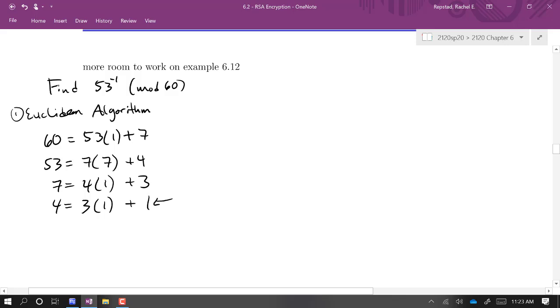By the time I get to 1, I could include the last row if you want, but if you get down to 1, you know the last row will end in a 0, and there's our greatest common divisor. So there it is, confirmation of what we already knew, that the greatest common divisor of 53 and 60 is 1.